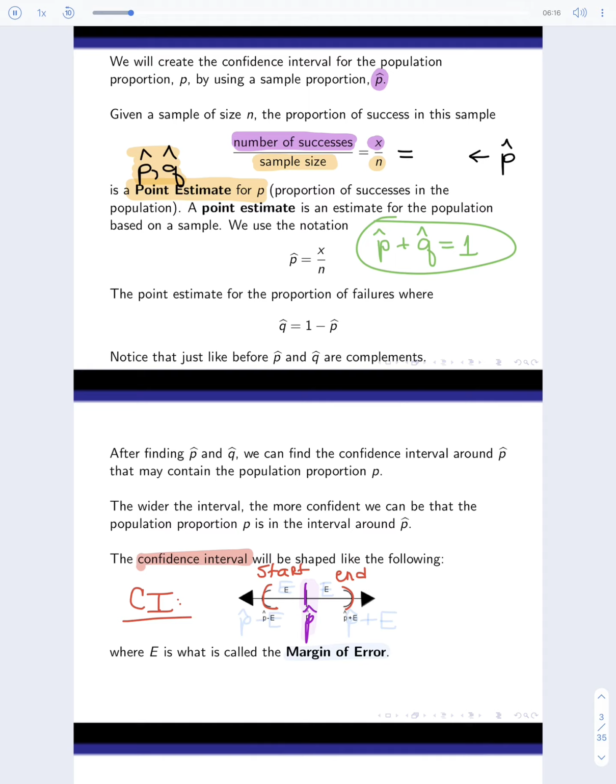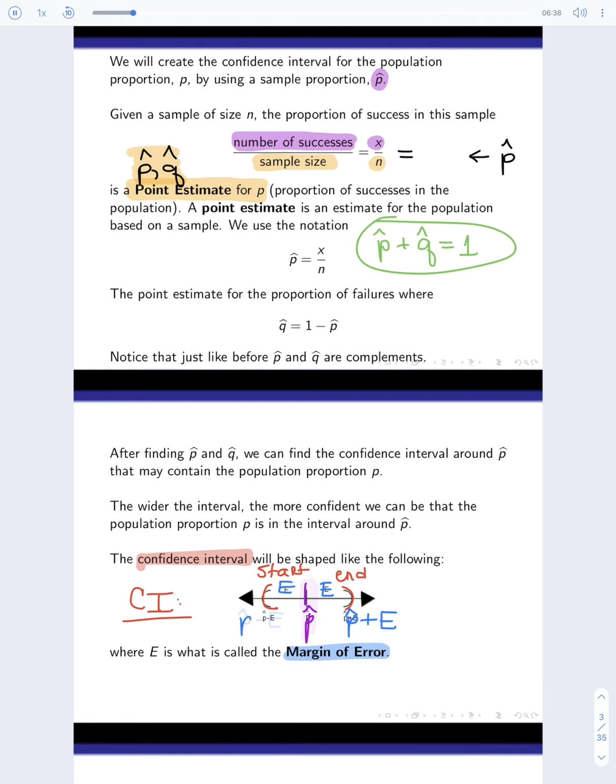The calculator will also find what's called this E, which stands for the margin of error. What it does is it takes your p-hat and adds the margin of error to get the higher end of our confidence interval.